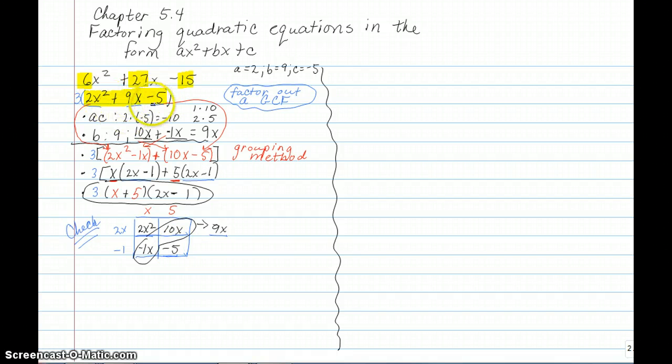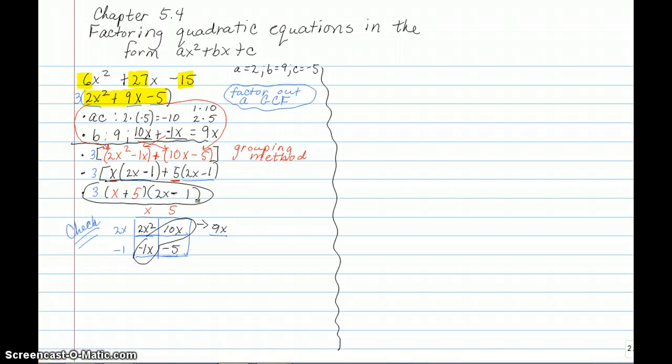It matches with this. Then if you want to check it further, you would simply take and multiply 3 times 2x squared, which is 6x squared, 3 times 9x, which is 27x, 3 times negative 5, which is negative 15. But this is an adequate check for what we did. We have correctly factored. It is 3 times, in parentheses, x plus 5 times 2x minus 1.